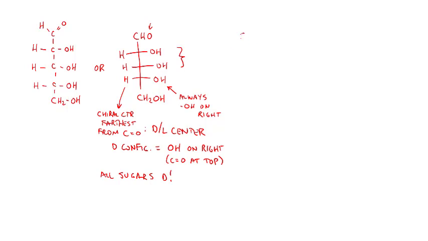So if you were to flip the configuration on one of those, so that now we have, say, the OH on the left in that position, now we have a different sugar. The one at the left is D-ribose. And by the way, you're not expected to know the structures of all the different sugars.